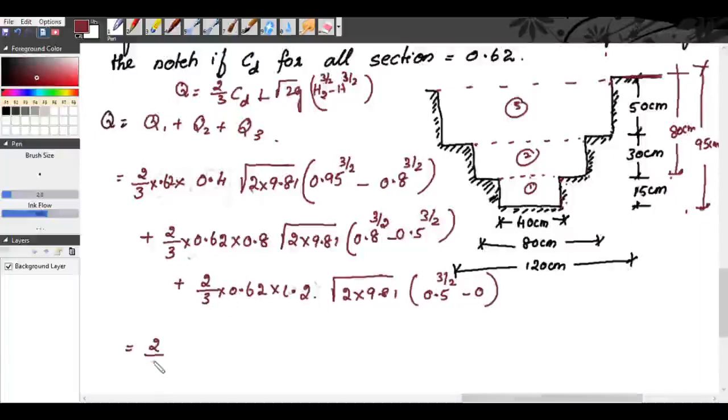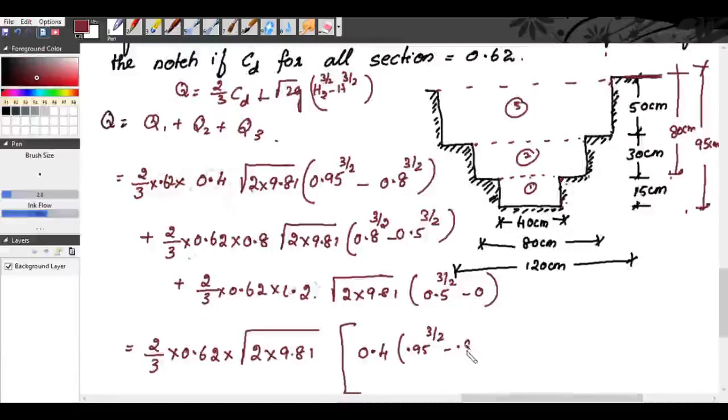So you can take 2 by 3 into 0.62 into square root of 2 into 9.81 as common. The remaining things are 0.4 into 0.95 raised to 3 by 2 minus 0.8 raised to 3 by 2, plus 0.8 into 0.8 raised to 3 by 2 minus 0.5 raised to 3 by 2, plus 1.2 into 0.5 raised to 3 by 2.